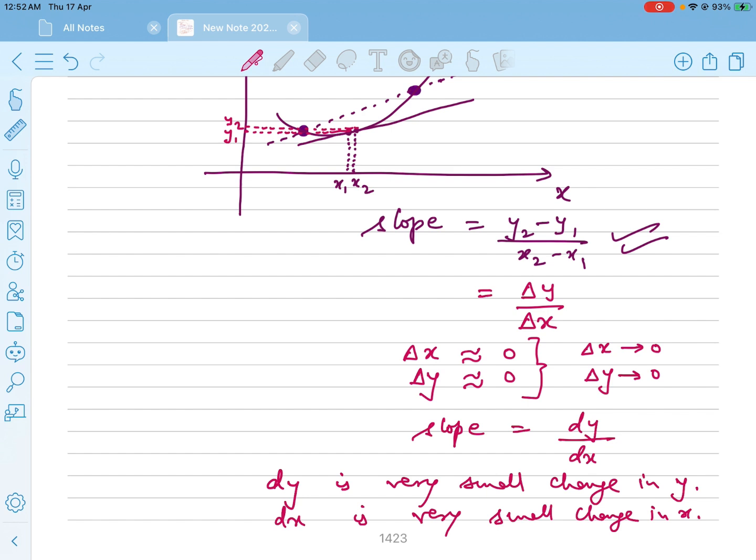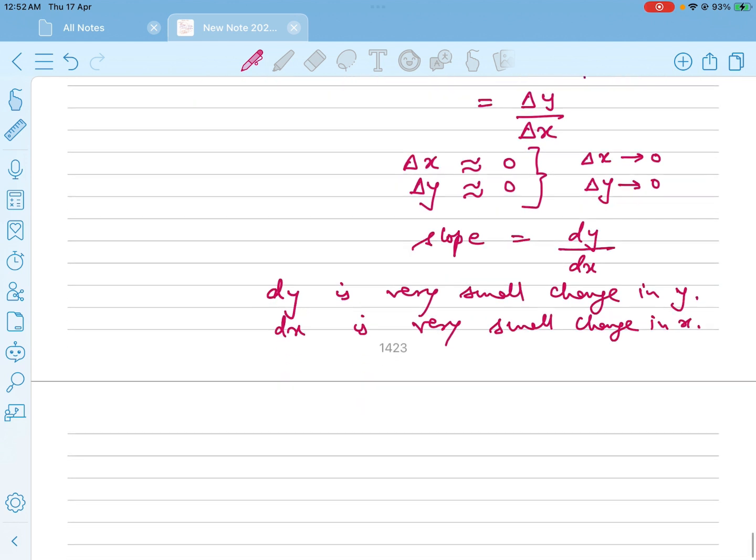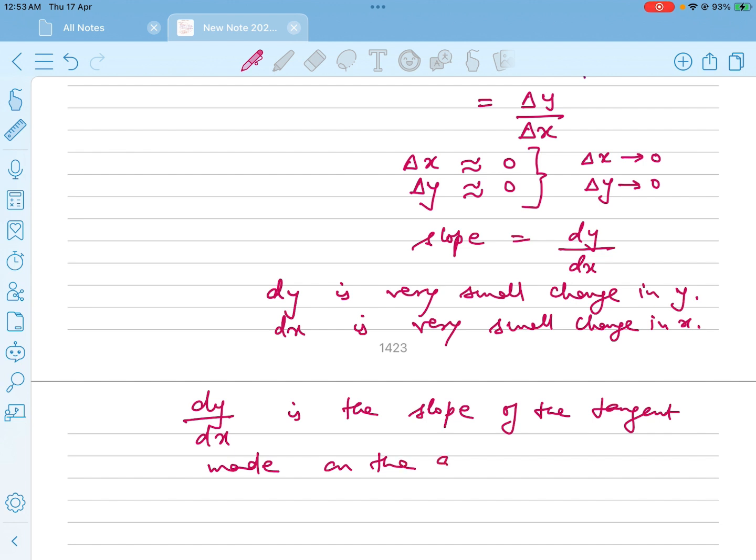Okay, so here comes the point. The value dy by dx is the slope of the tangent made on the given curve at a given point.